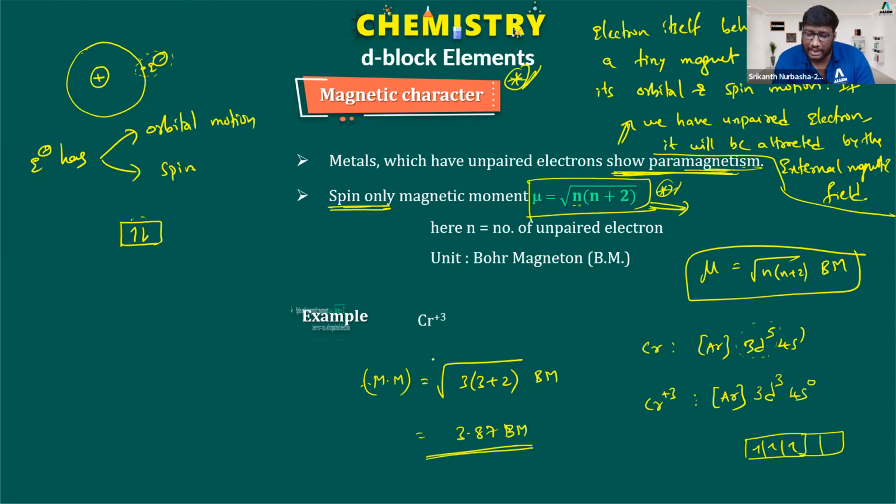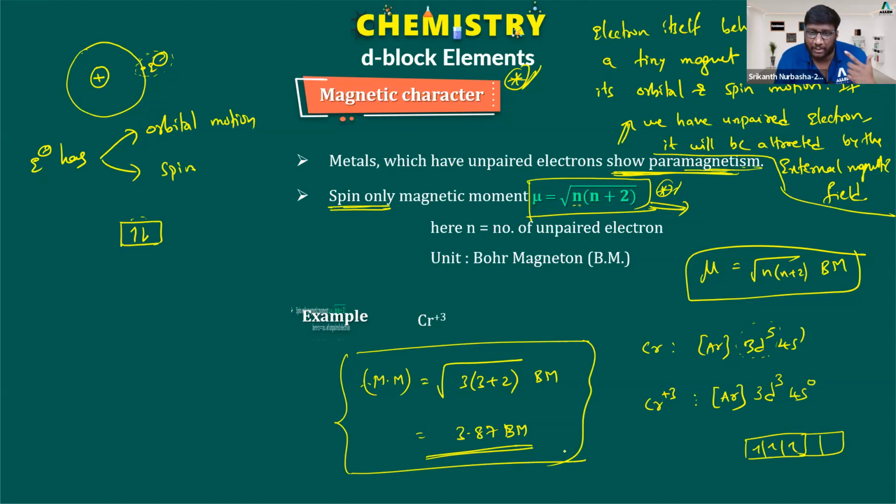You don't need to calculate, students. Whenever you have 2 unpaired electrons, you will get the magnetic moment as 2.8 or 2.9. 3 unpaired electrons means 3.8 or 3.9. 4 unpaired electrons means 4.8 or 4.9. Indirectly, if the magnetic moment is 5.8 or 5.9, you can say the number of unpaired electrons is 5. You can do the calculation and get the answers.